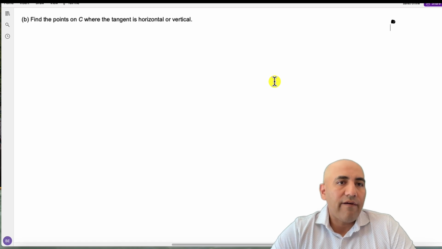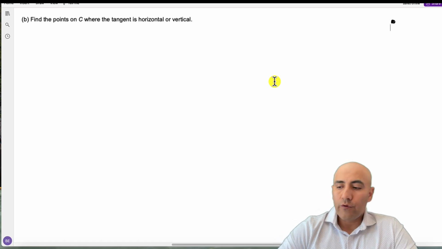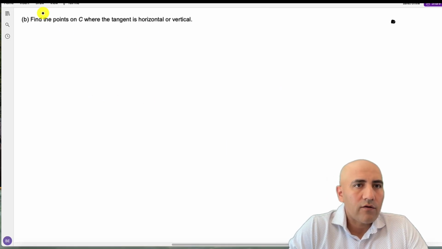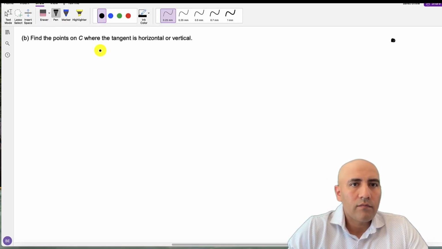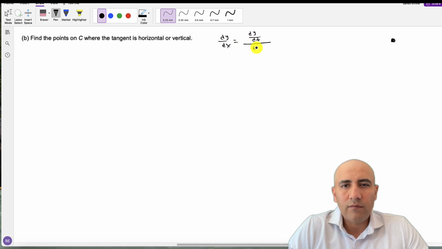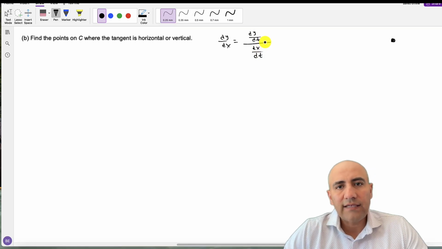Okay, part B, find the points on C where the tangent line is horizontal or vertical. Okay, so let's write down our equations. So let's come back over here. So remember that we have that dy/dx is equal to dy/dt divided by dx/dt. Okay, so we have a horizontal tangent when the whole derivative is equal to 0.